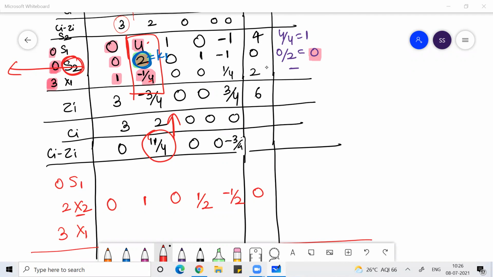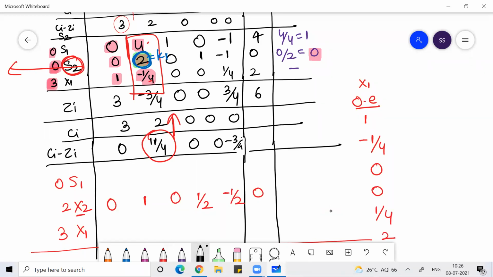So once you get the value of x2, I can find the value of x1 and s1. The old element for x1 was 1, minus 1 by 4, 0, 0, 0, 1 by 4, and 2.